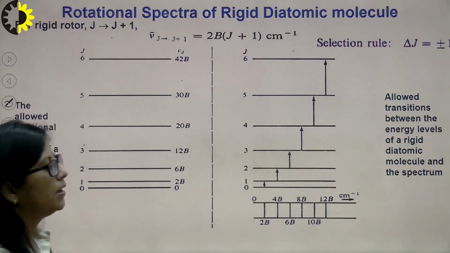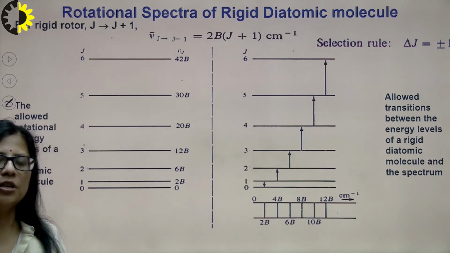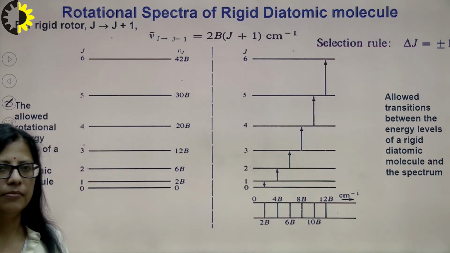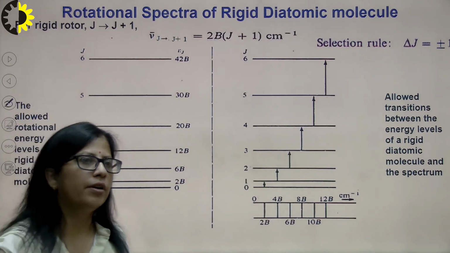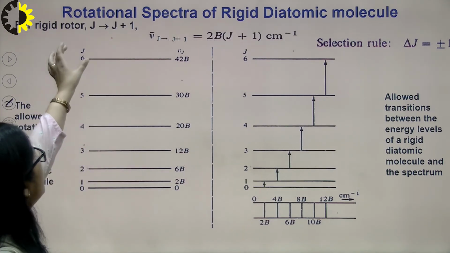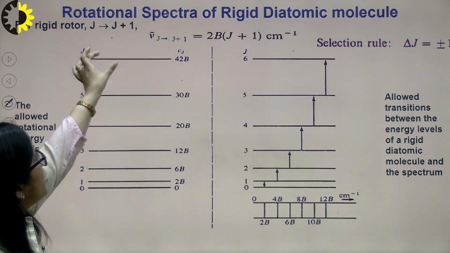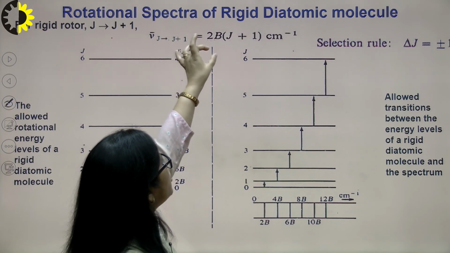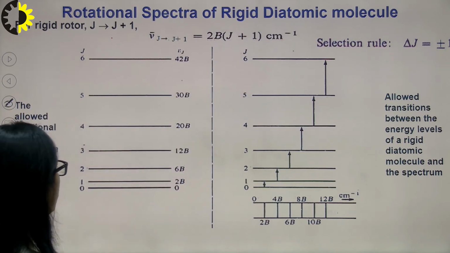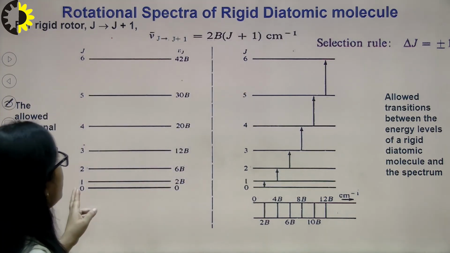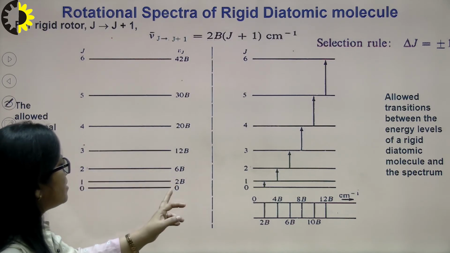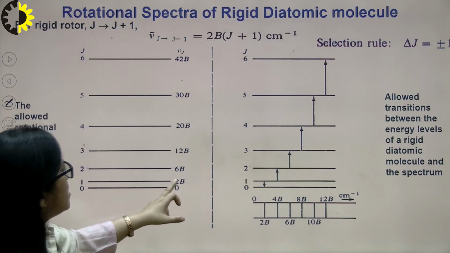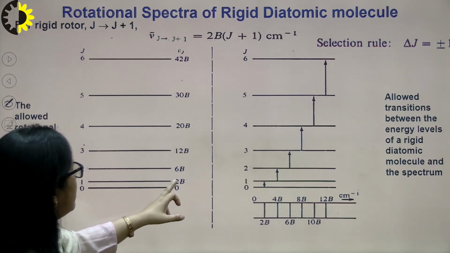Now, coming to the rotational spectra of a rigid diatomic molecule. For a rigid rotor, on transition from J to J plus 1, we have observed it is going to be 2B(J plus 1). So, if J is 0, then EJ is 0. If J is 1, then EJ is 2B.